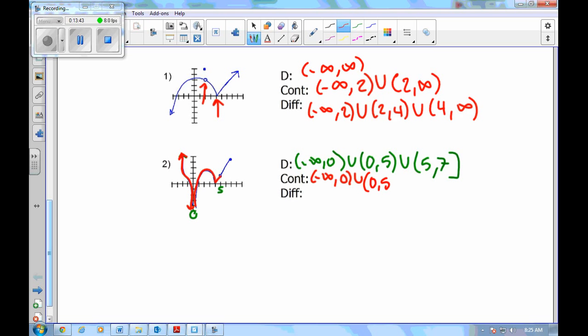So 0, 5, until 5 to... So in this case, the domain and the continuous interval are the same, versus the top one where it wasn't. Why was the top one not the same? We redefined the hole. The hole is redefined up here. Cool.